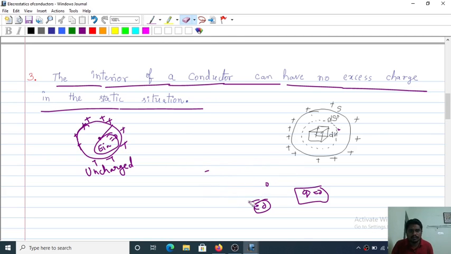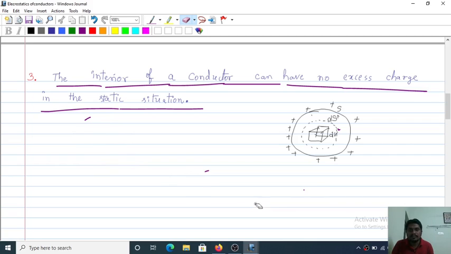Whatever the charge you give to the conductor, it resides only on the surface of the conductor. I will write that point here.